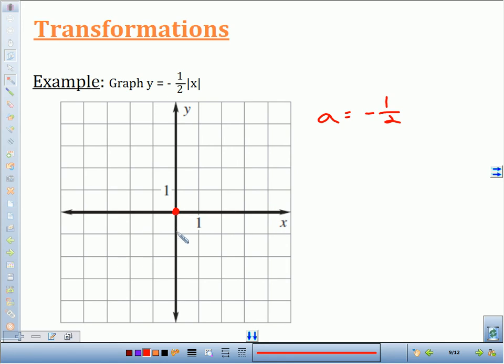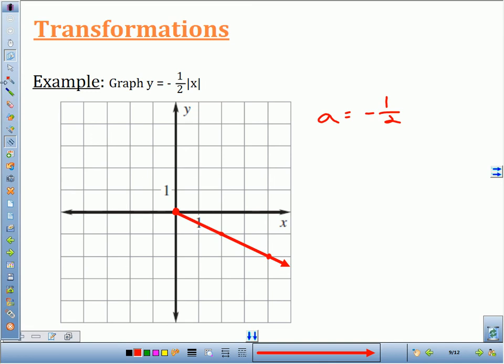We start by moving downwards 1 and over 2 for the right side, and we can graph that line. Now notice this is actually if the slope was negative 1/2. We move down 1 and over 2.